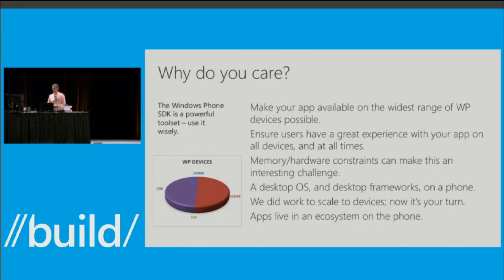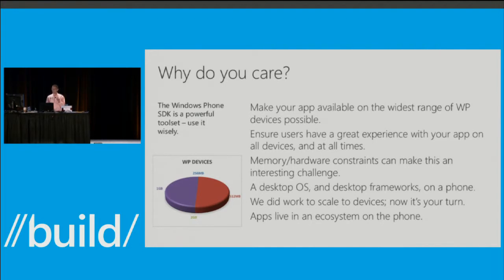And the little pie chart on the left kind of gives you an indication. This is the latest data that I have on the split of devices running Windows Phone. It breaks down roughly 50-50 between 512 meg devices and 1 gig devices, actually slightly more 512 meg devices.